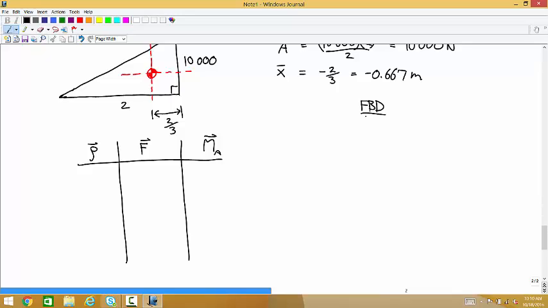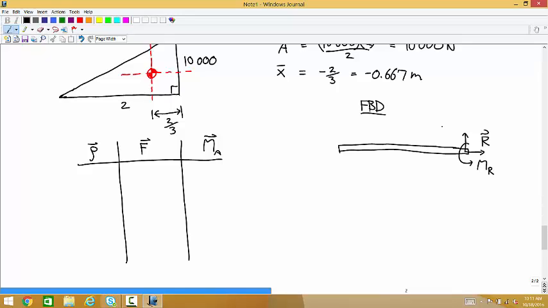Okay, so the body that we're isolating is the beam. What are the loads acting at the wall? That's right. It's a fixed joint, so we have the full force vector, call that R, and we have the couple, call that MR.